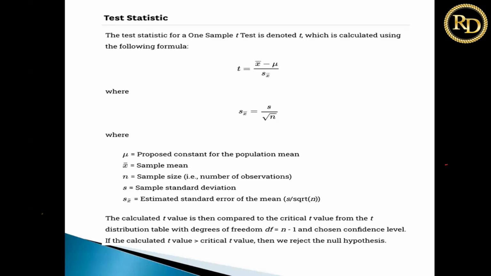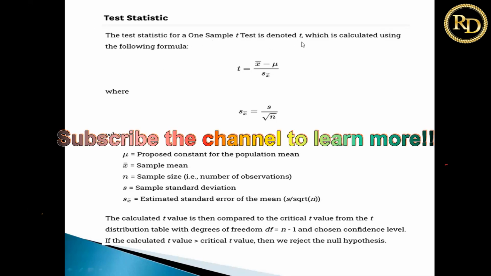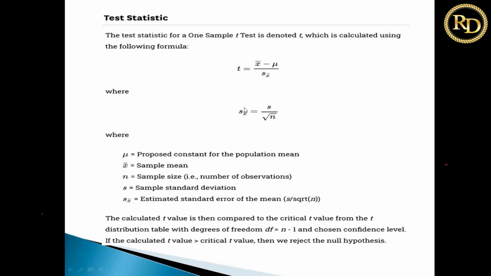A statistic is nothing but a function of the sample values, and when we incorporate the null hypothesis into the statistic, it is known as the test statistic. The test statistic for the one sample t-test is denoted by t, calculated using the formula t equals x bar minus mu upon s x bar, where s x bar is s upon square root of n.